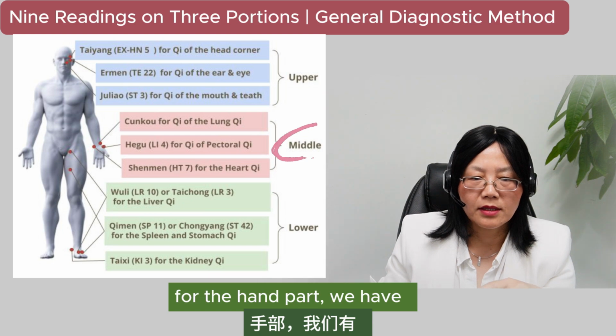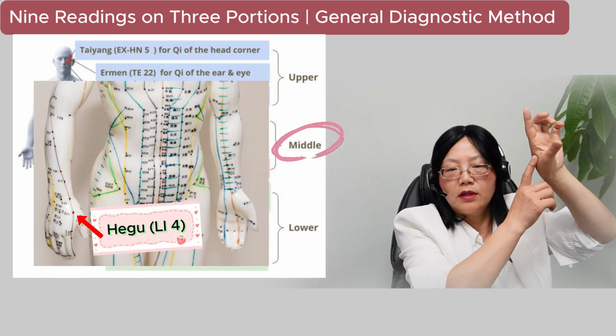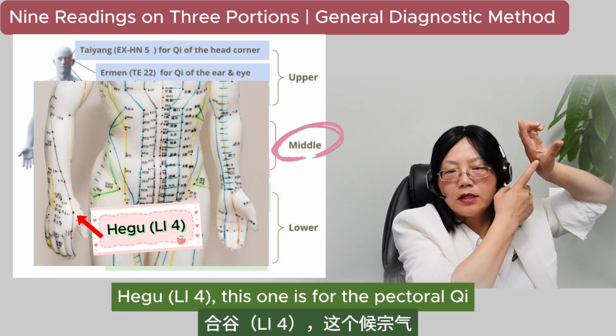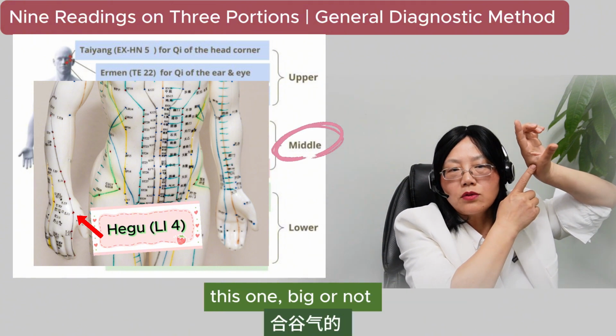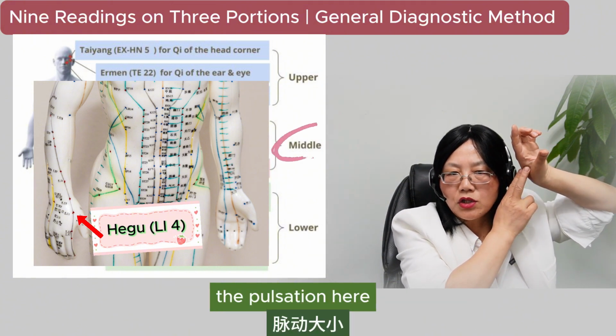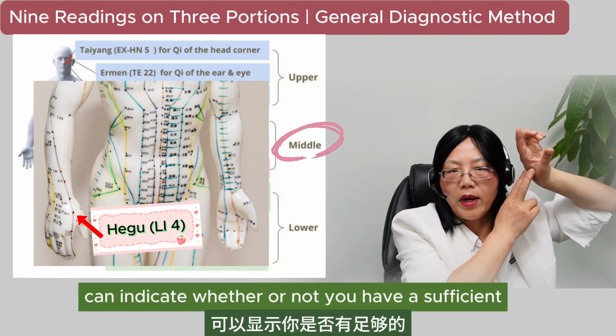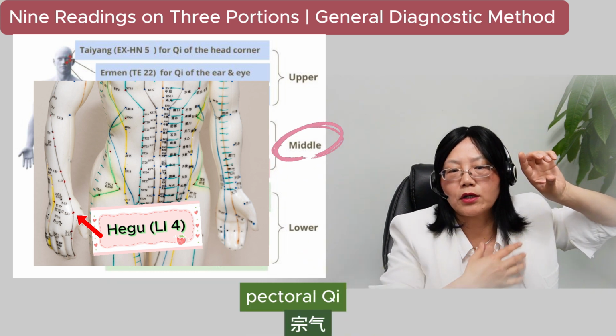For the hand part, we have Hegu, large intestine 4. This one is for the pectoral Qi. Whether the pulsation here is big or not can indicate whether you have sufficient pectoral Qi.